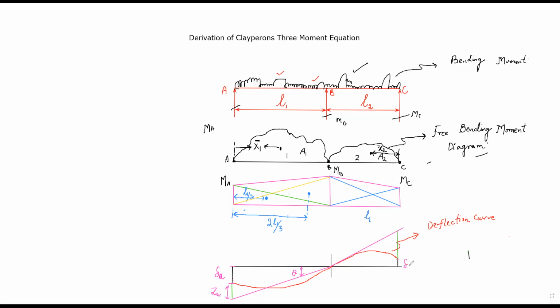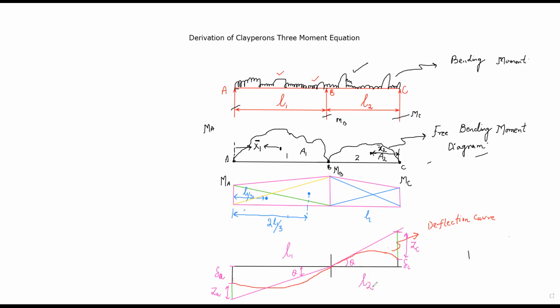Let's call this delta C, and this distance from here to here, let's call this ZC. In fact, this angle is angle theta. Now we can clearly say this distance is L1, this distance is L2.